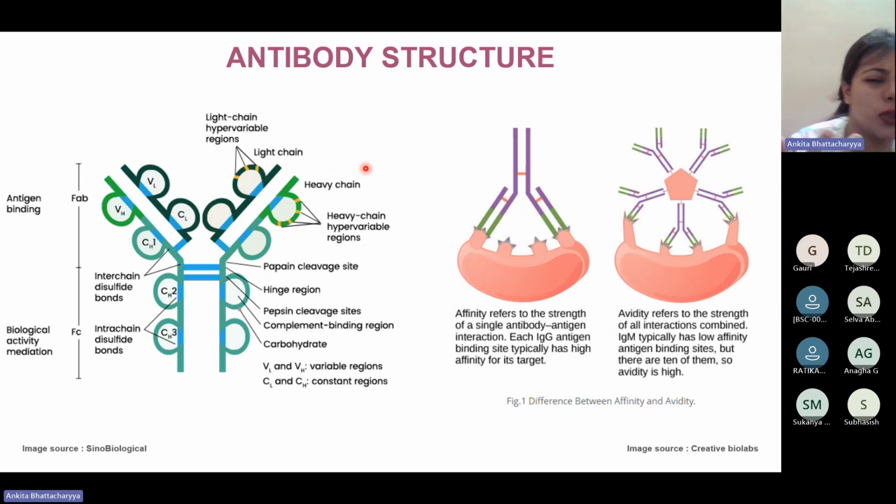So I don't have a slide for it, but just to clear some terminologies, any antigen antibody interaction has two participating moieties. A moiety basically means entity or any participant. Let's call it a participant from now on. Any surface or any entity is a moiety. So the two participating entities are epitope and paratope.